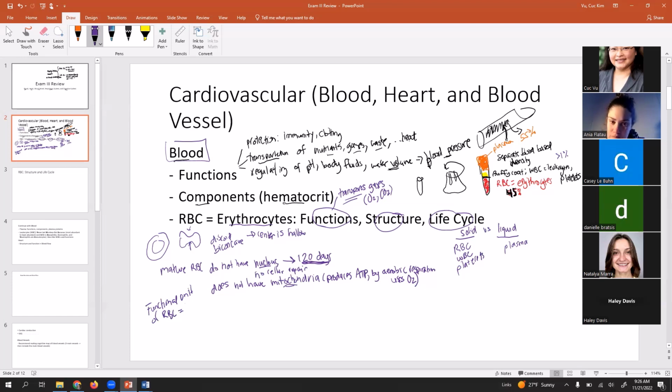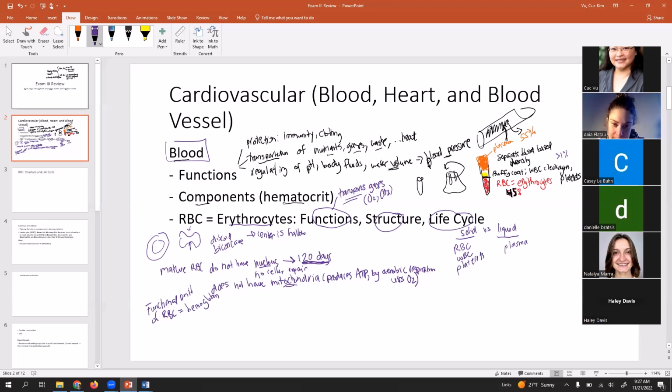Yes, ma'am. Hemoglobin. Okay. I'm going to save the hemoglobin for a little bit, because when I talk about the life cycle, we'll break down the hemoglobin. Okay. All right. So now we're ready to do the cell life cycle.